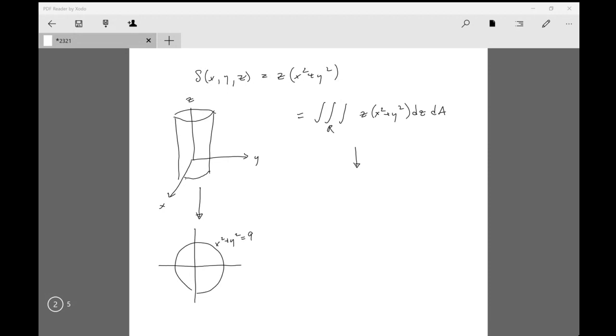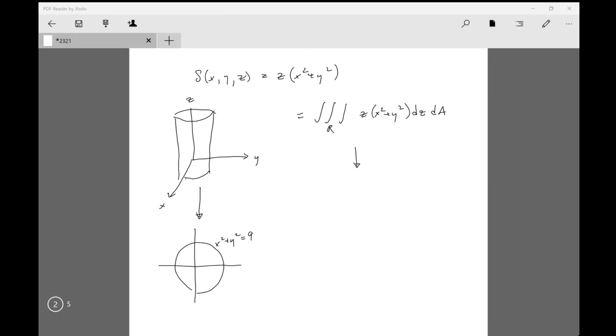You're going to see what happens to the rest of the integral. So first, what does the rest of it become? z times what? So z times r cubed, someone says, because the x squared plus y squared becomes r squared.